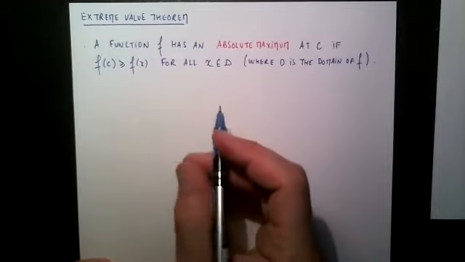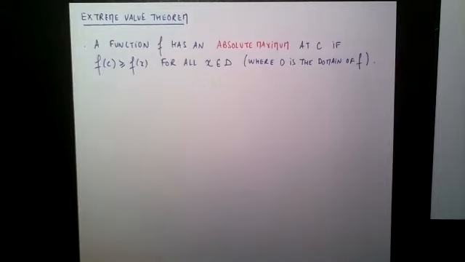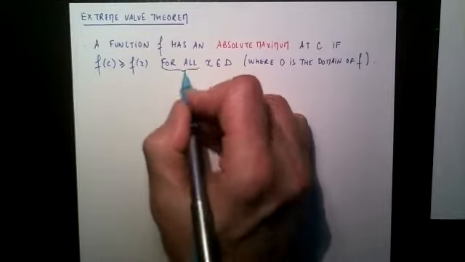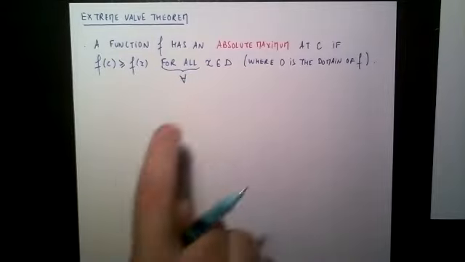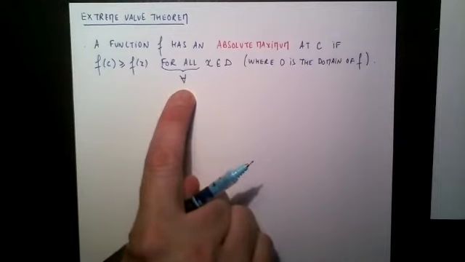Let me get you used to the mathematical notations. For all, we use this symbol. You've seen this symbol before? You've never seen this? This is another way of writing for all.